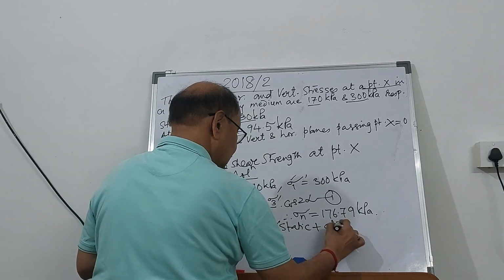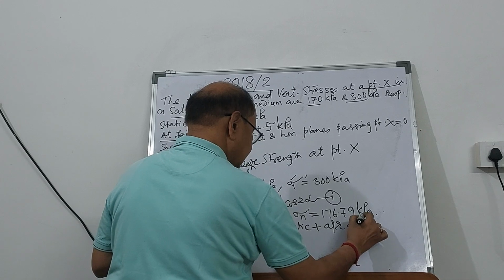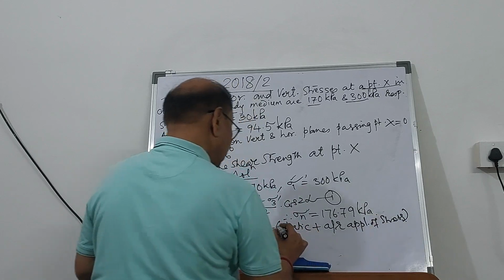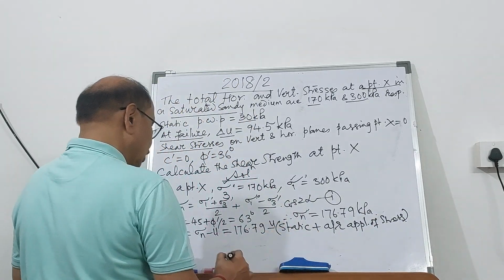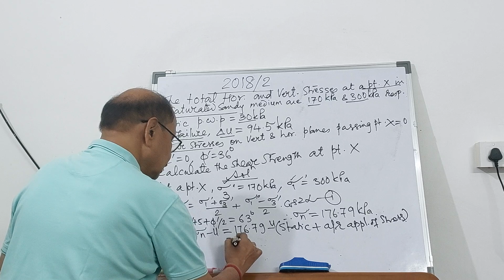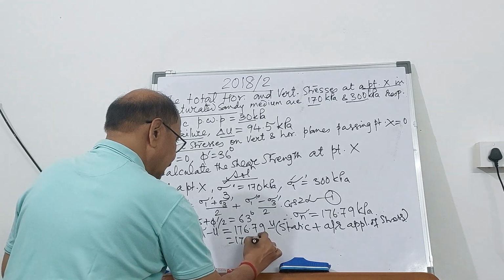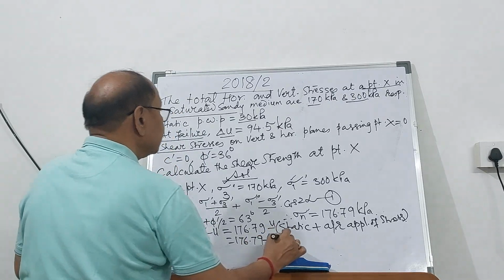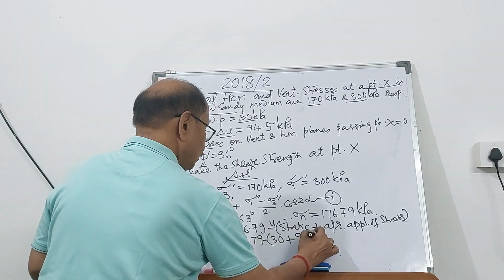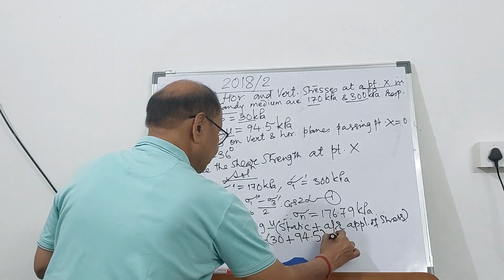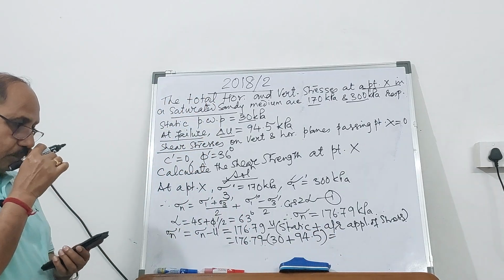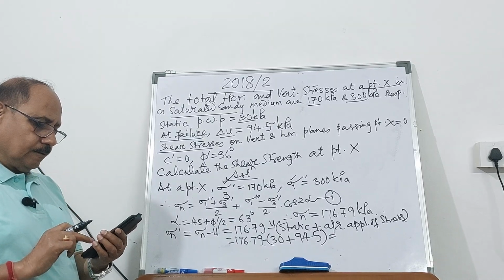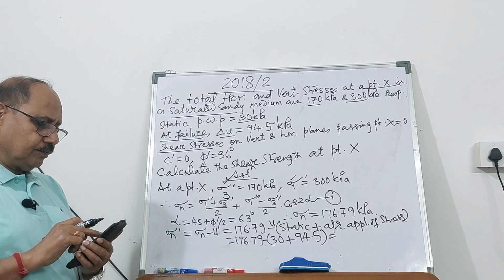So this is 176.79 minus (30 plus 94.5). So if you simplify, let us calculate this.